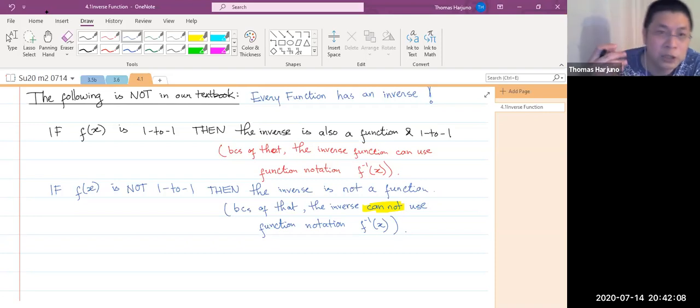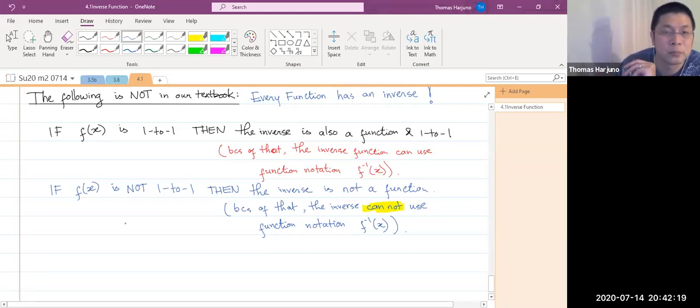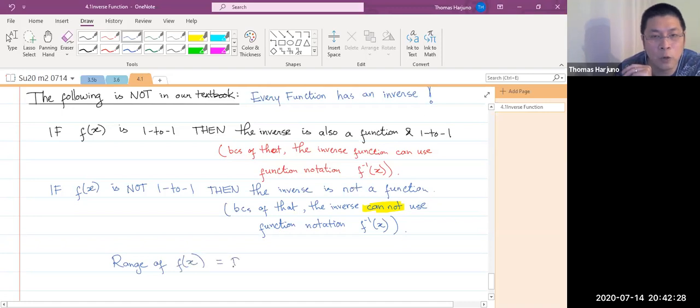But because the function is not one-to-one, then the inverse is not a function. But we still can find the range of that function. We can find the range of the function by looking at the domain of the inverse. Notice that I didn't use inverse function notation here.